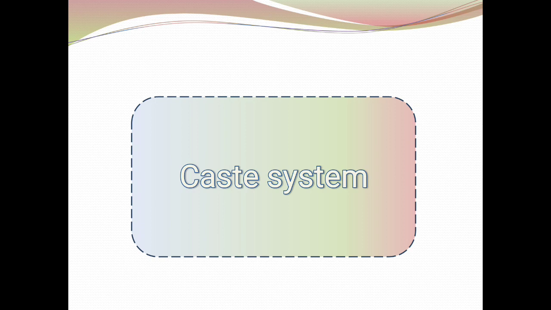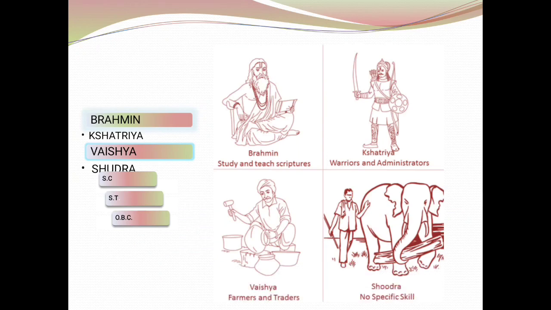So the first one we've got is the caste system. It is also based on certain constant criteria which usually decide even before an individual is born in this world. Basically, the caste system is divided into four major categories and further into more.